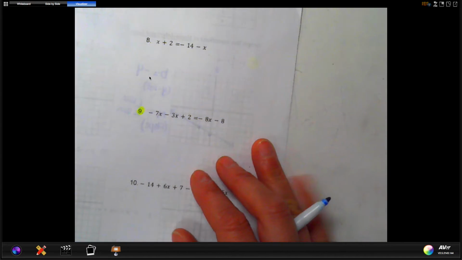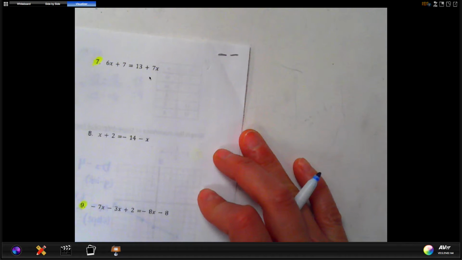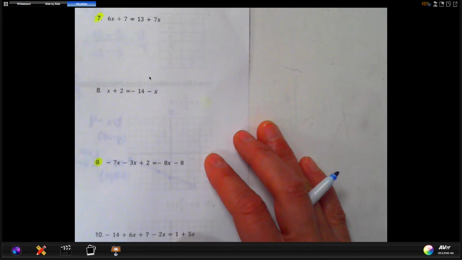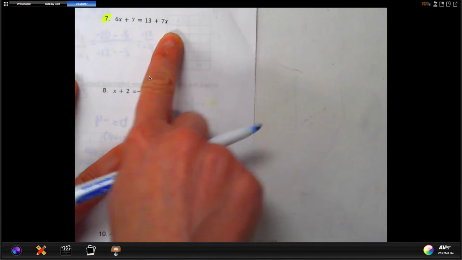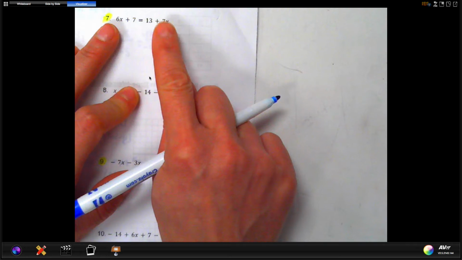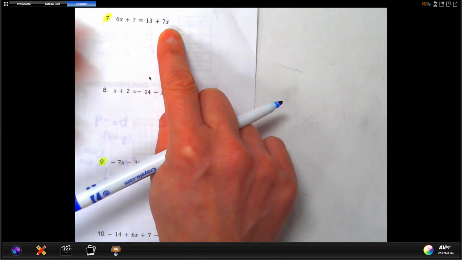But for the sake of the video, I do want to do some examples of some of these more challenging ones, starting with number 7. So number 7 says 6x plus 7 equals 13 plus 7x. So you'll notice the difference here is that you have a variable on both sides of the equation. And so the first thing you want to do is cancel one of those out.